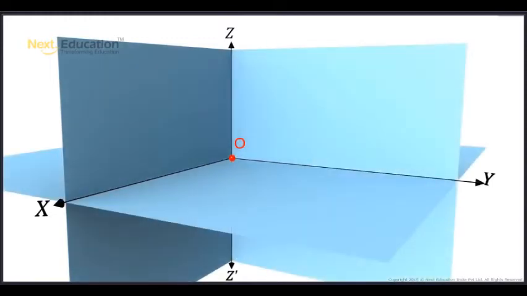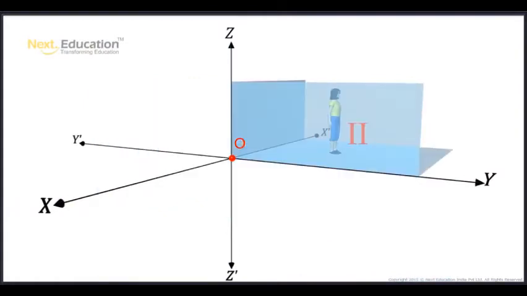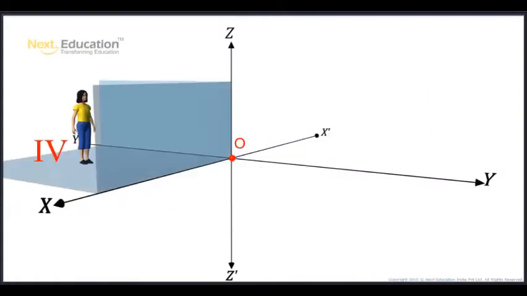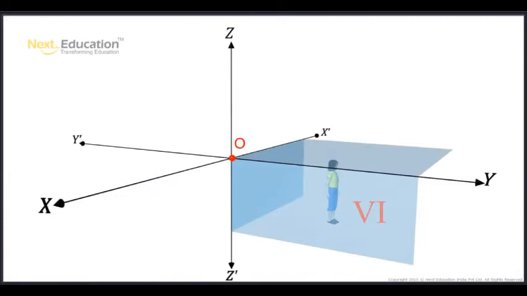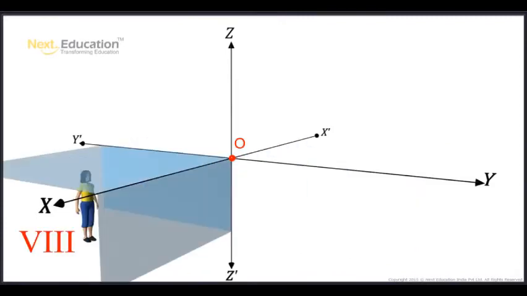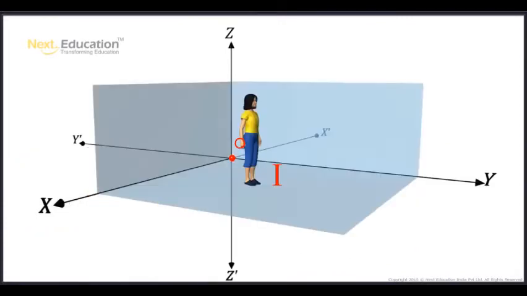The xy plane, yz plane and zx plane divide space into 8 octants. Here, XOYZ is an octant. This octant is enclosed by the XYZ axis. Similarly, the other octants are named according to the axis that enclose them.